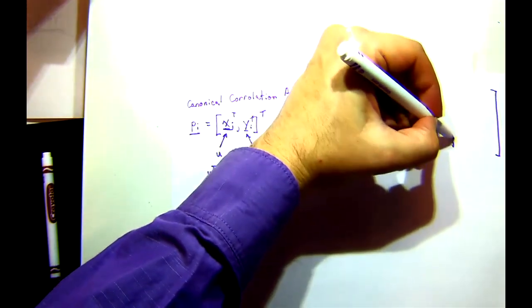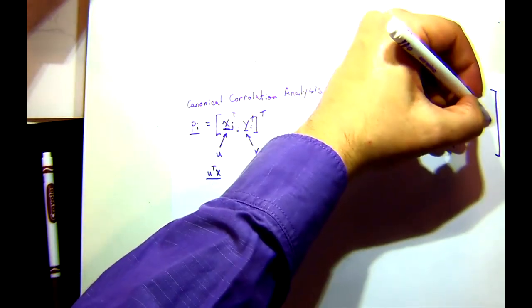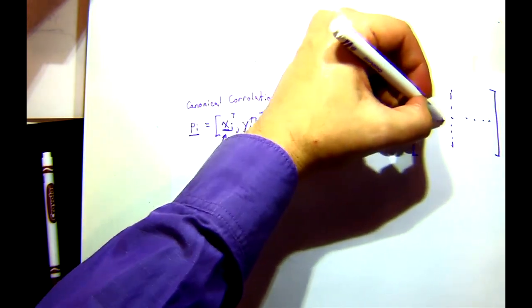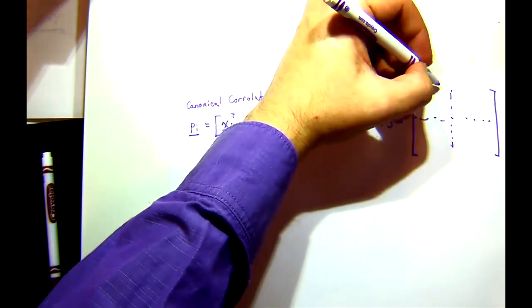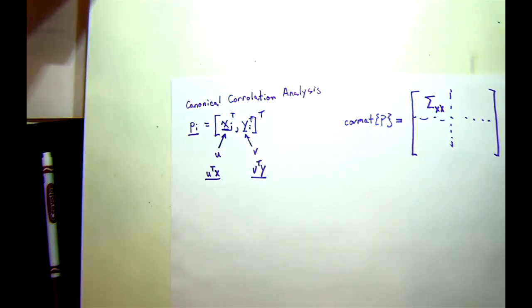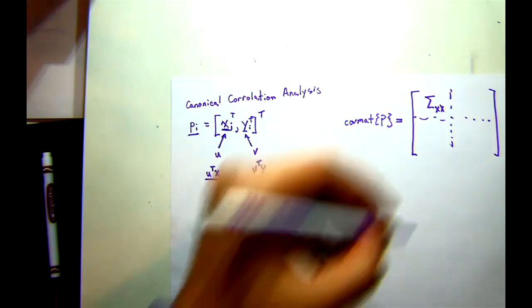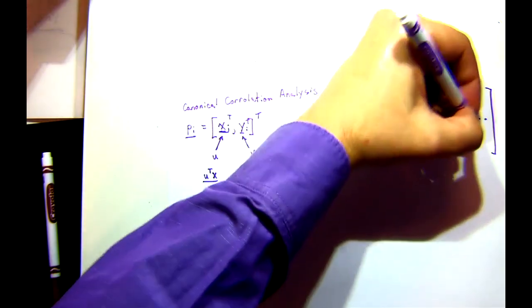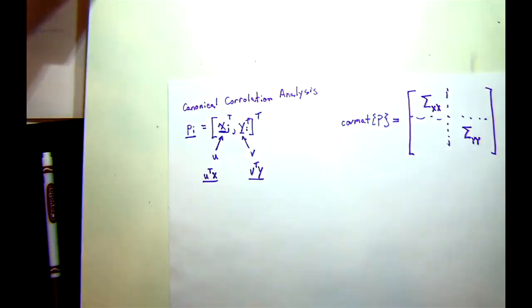It's going to be divided into 4 parts. Up in the corner, that's going to be the covariance matrix of XX, and we're going to write that sigma XX. Down in this corner, that's going to be the covariance matrix of YY. And again, you can just do the linear algebra to determine this.